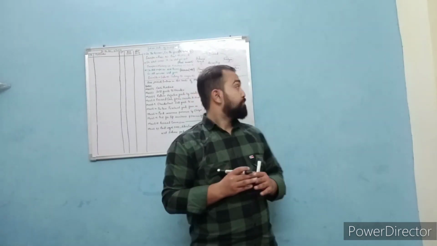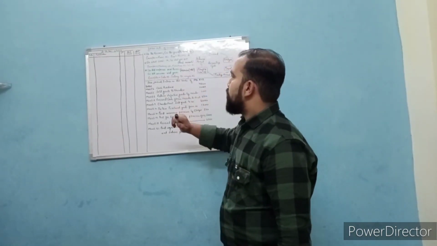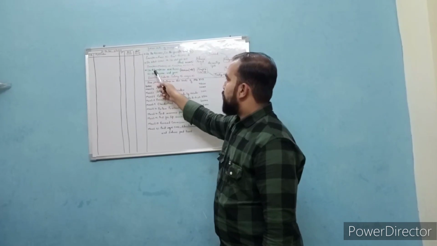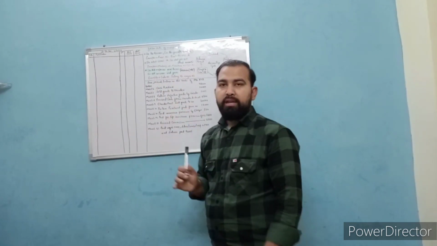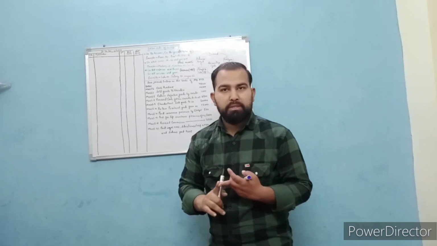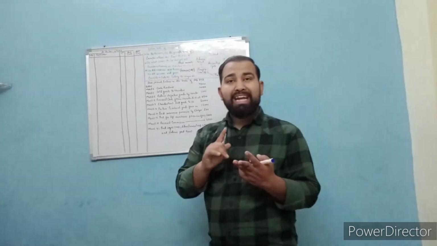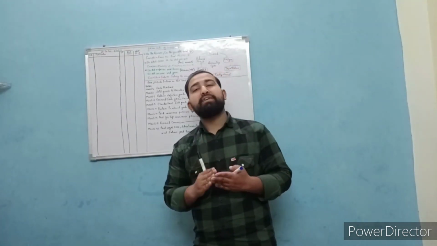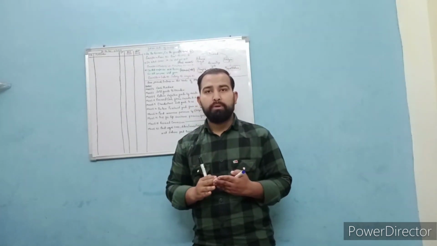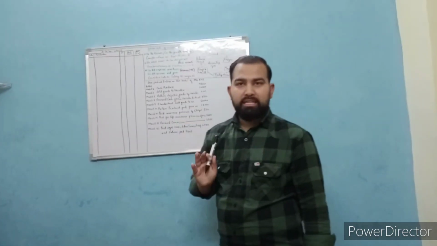The third account is nominal account. According to the rule of nominal account, debit all expenses and losses. If we incur any loss in the business, or if we have to pay any expense, these will go under nominal account. And credit all incomes and gains. On the credit side, all incomes and gains we have to write.